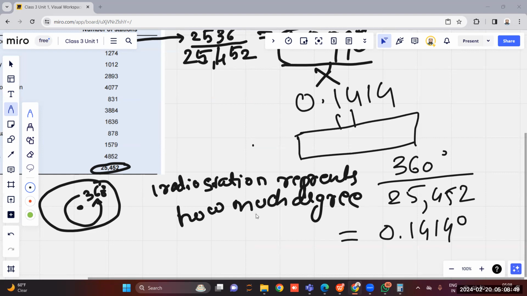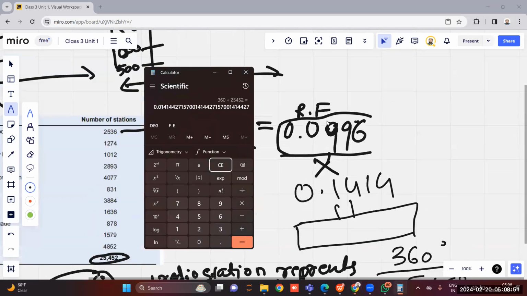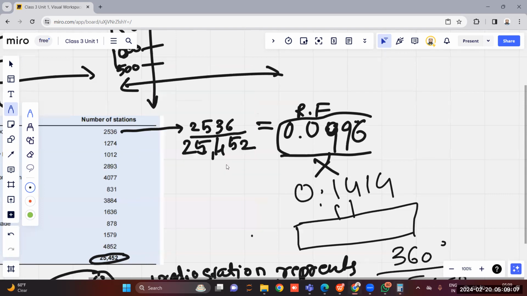So we'll see how much it is: 0.0996 into 0.1414. Sorry, I think I have done something wrong here. That's a mistake.